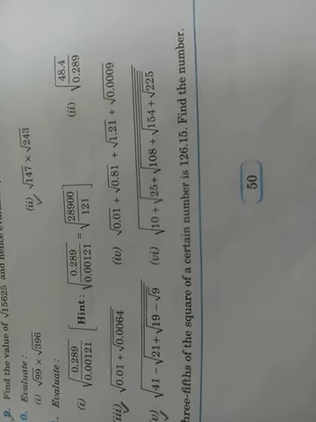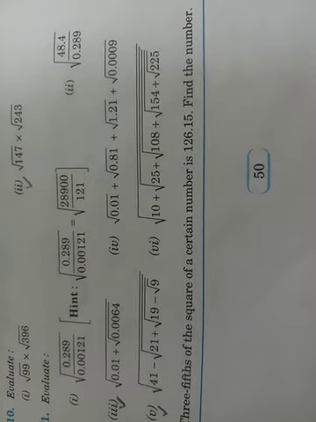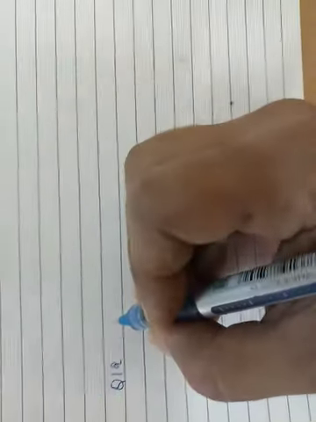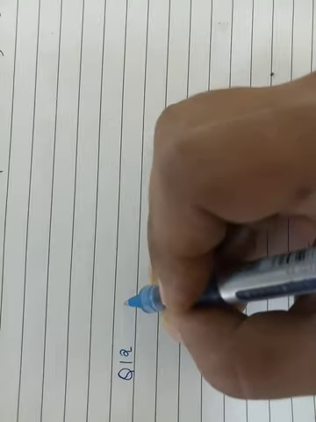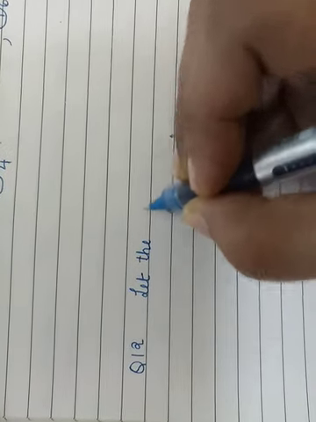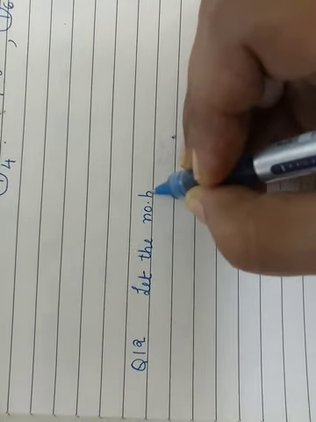Let's see how to write the mathematical expression. Question number 12. Let the number be x.